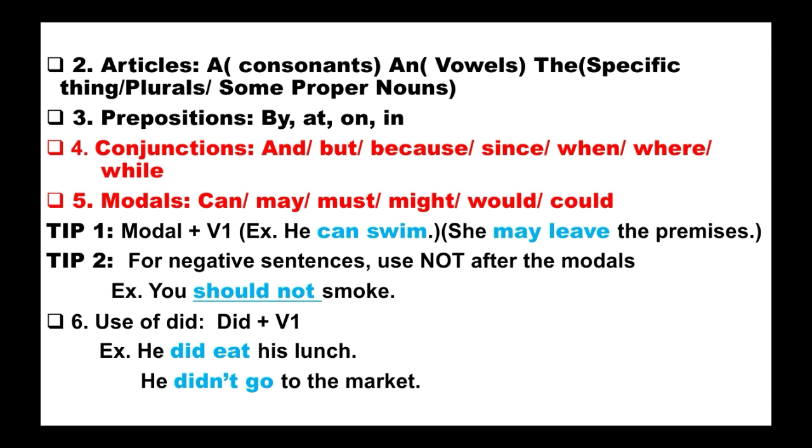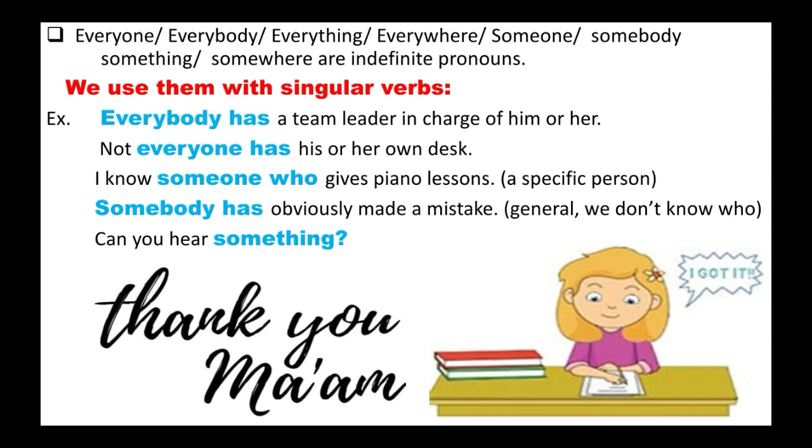We need to remember that with did, it is always V1. He did eat his lunch. He didn't go to the market, right? So V1, first form of verb, is being used in these examples.